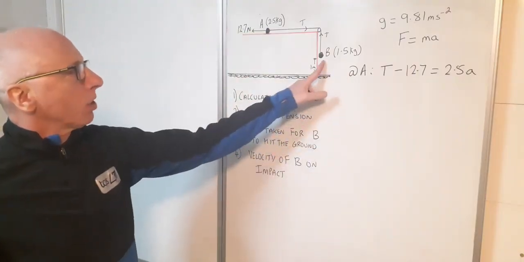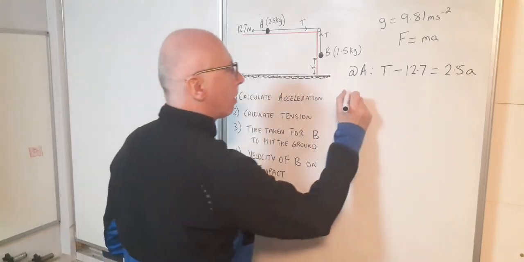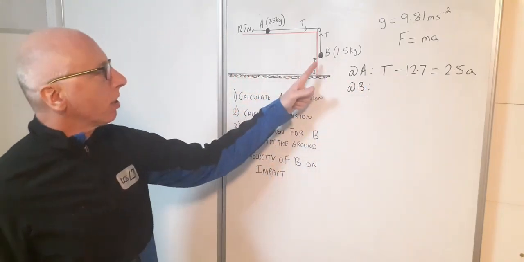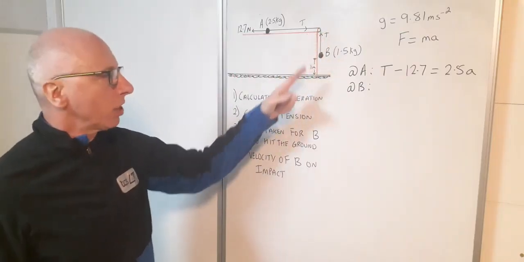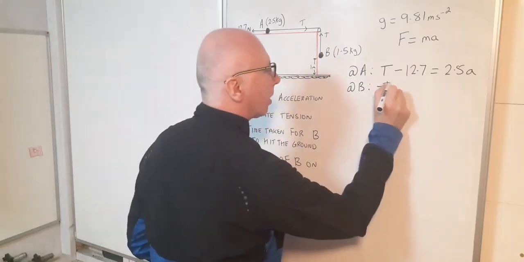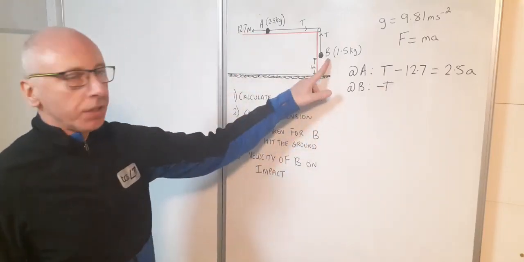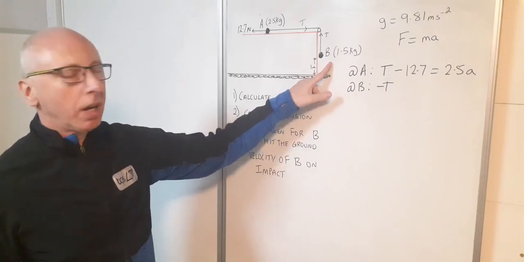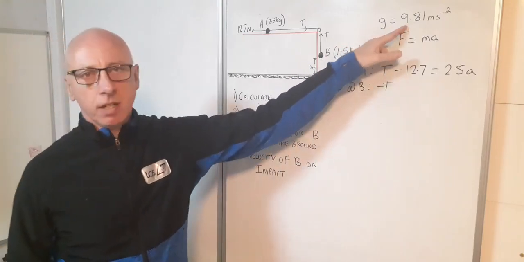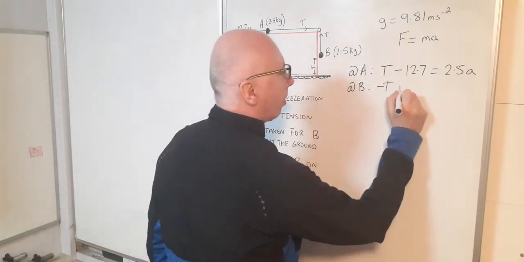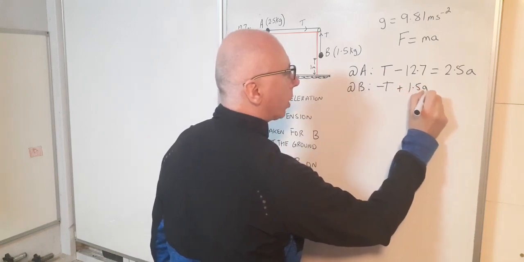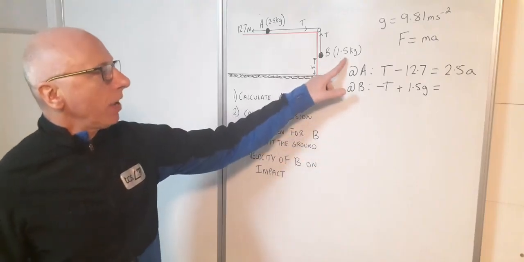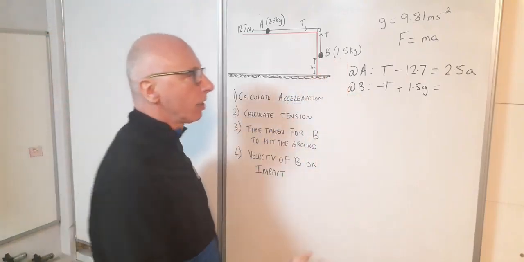Then we need to work out what's going on at B. This time tension is going away from the direction of travel, so that's going to be a minus T. Then we've got the mass of B, which is 1.5, multiplied by the force of gravity, 9.81, so plus 1.5 G. And then 1.5 A is our mass times acceleration.